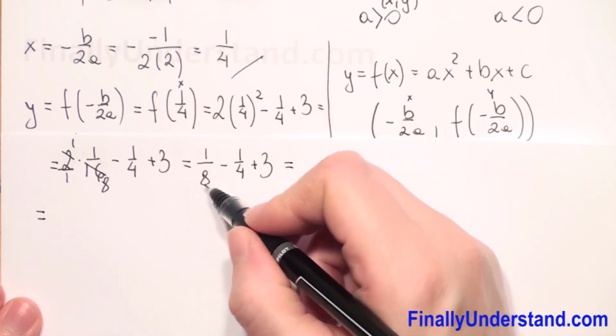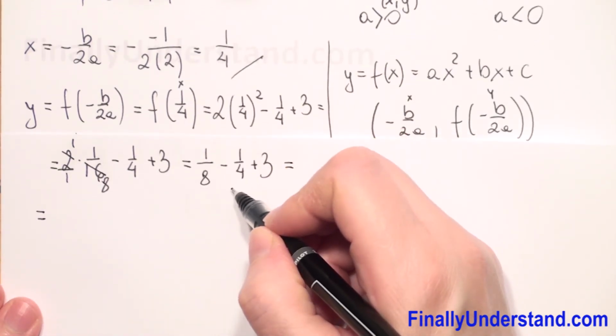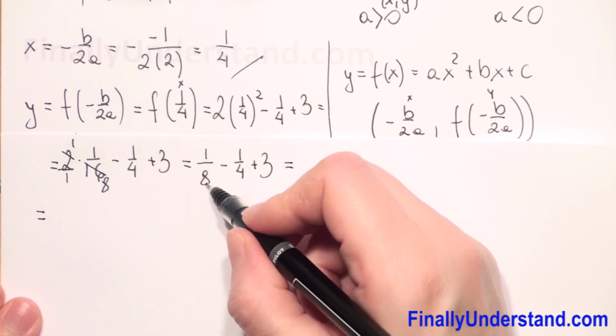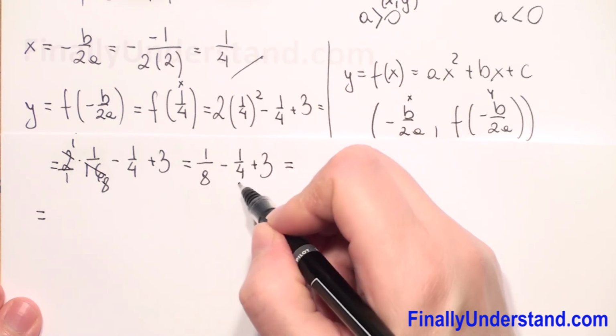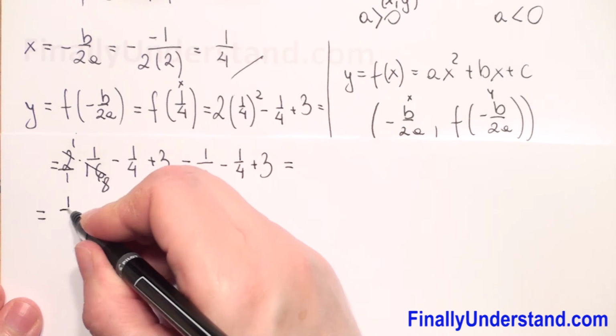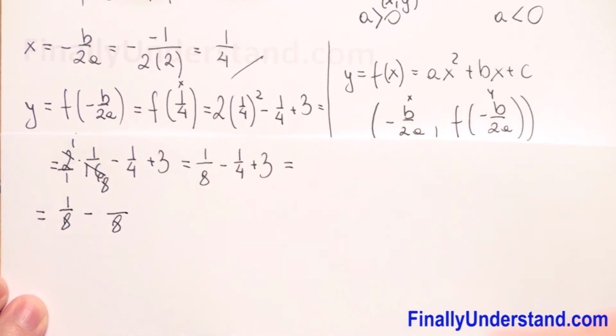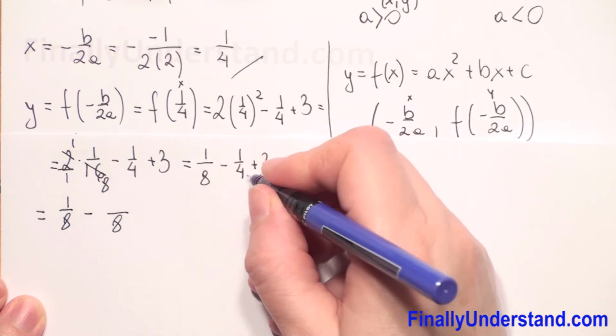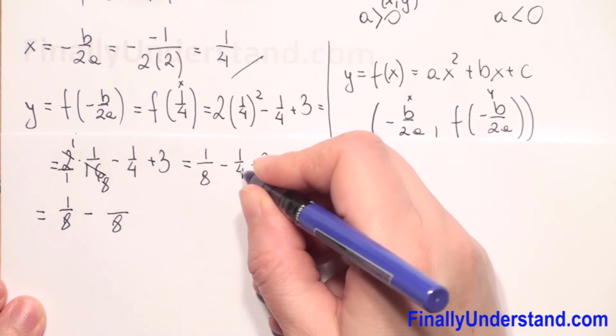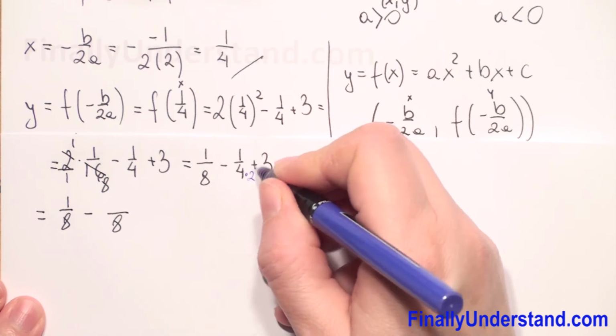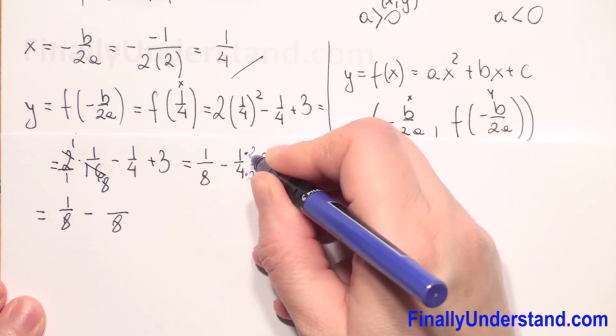We have to subtract 2 fractions, so we need to have the same denominator. We have 8 and 4, so the common denominator will be 8. So we copy the first fraction minus, and because we need to have 8 in the denominator, I have to multiply 4 times 2 to get 8. Whatever I did with the denominator, I have to do the same with the numerator.